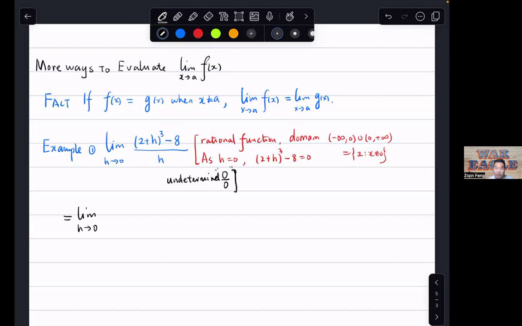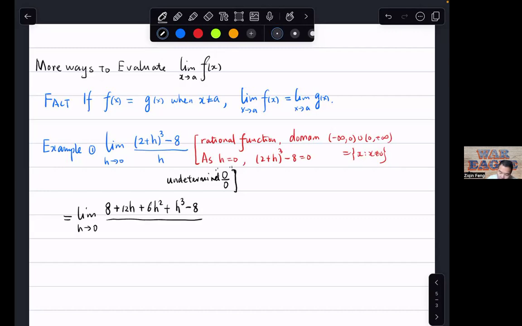If you do the expansion, you get 8 plus 12h plus 6h squared plus h cubed, factoring the square then multiplying by h plus 2 one more time. Then minus 8, minus h.